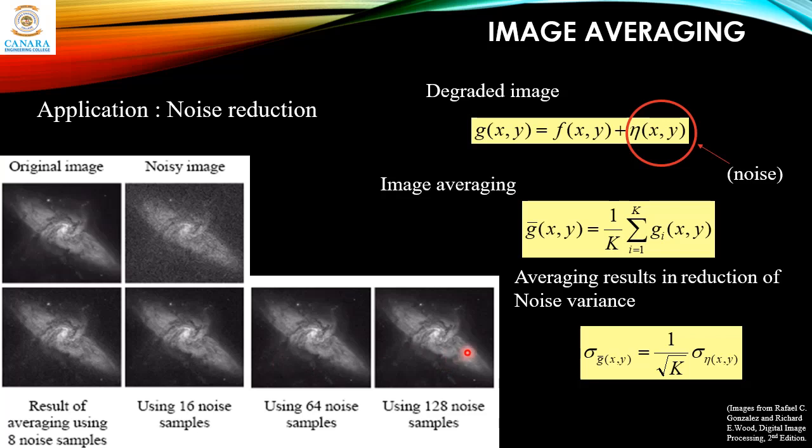If you are interested, you can search for YouTube videos on this topic, image averaging, how it is done in space applications. It's quite a complicated process, and because of it, we get a nice view of the outside world. Okay.